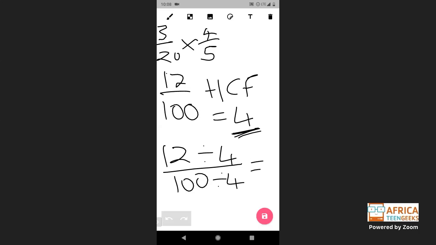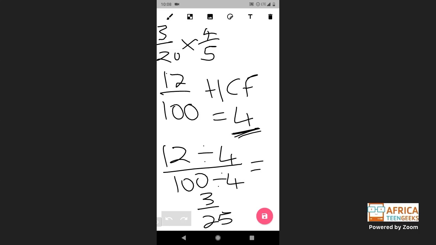And our answer will be 3 out of 25. So can you see why our highest common factor is important? And our answer is 3 over 25.